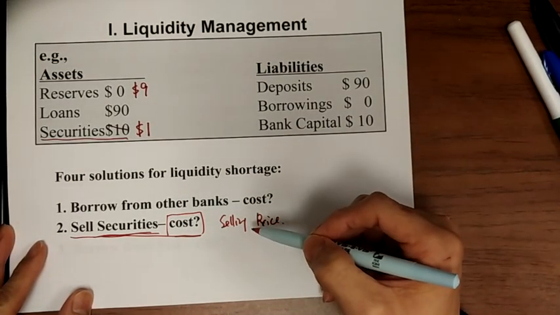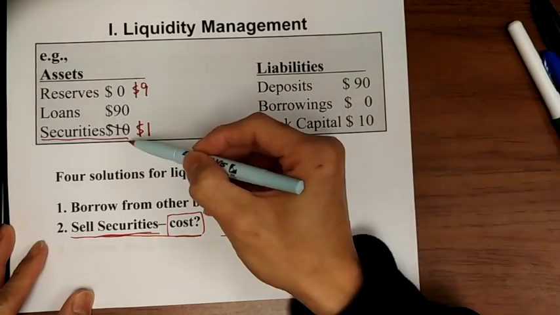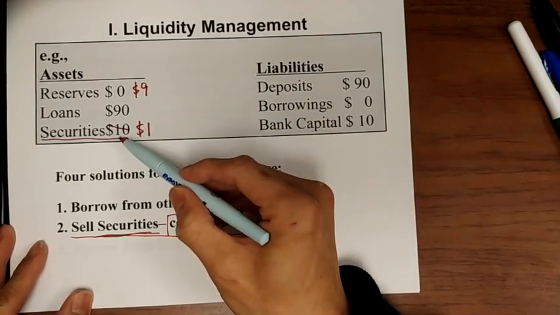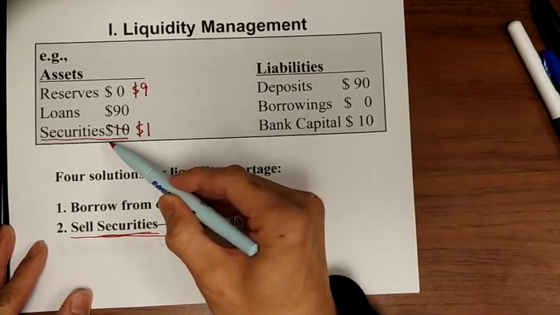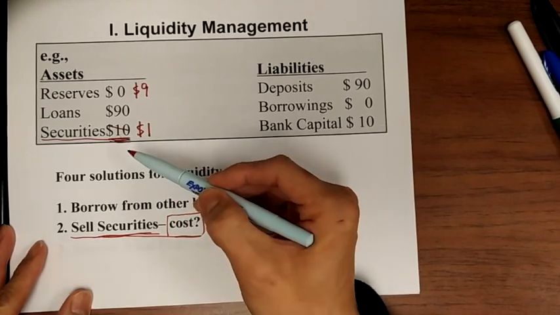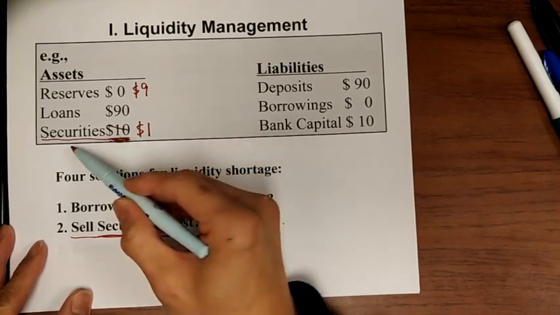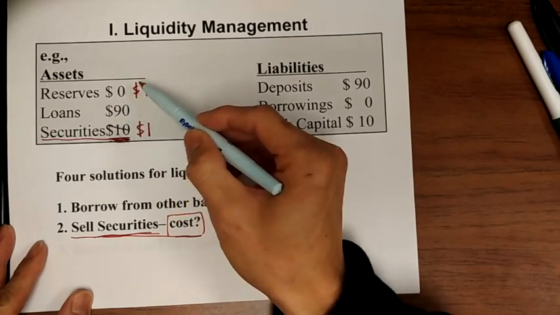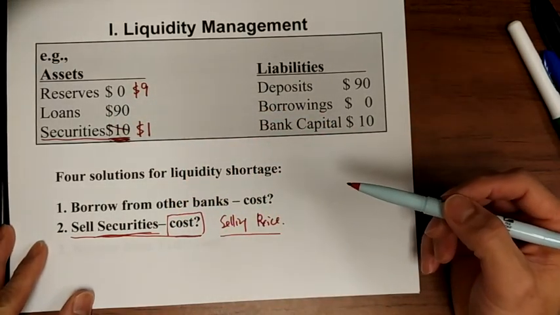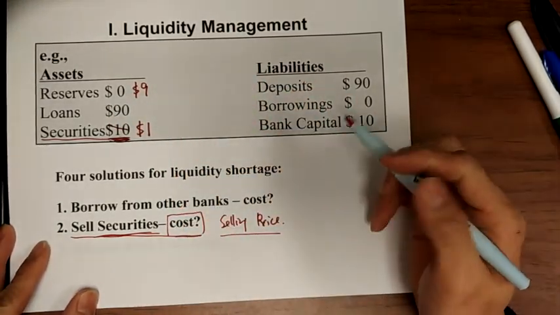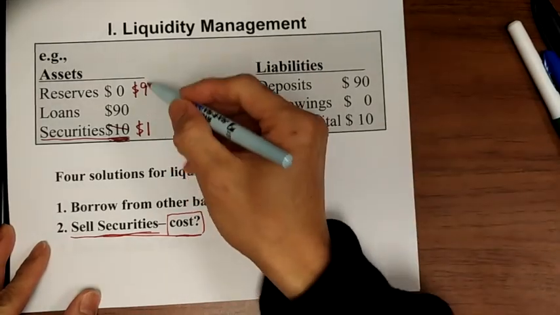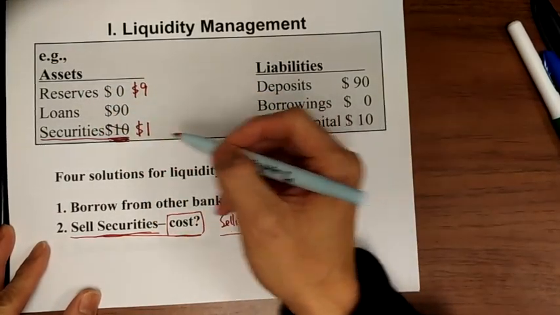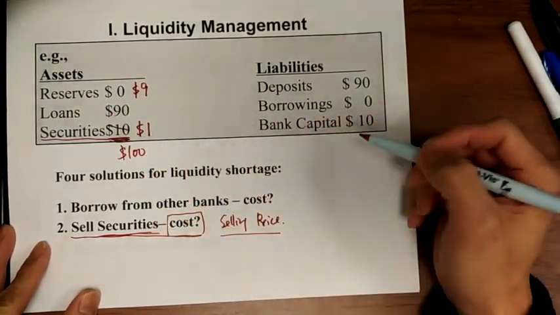In reality, this is the cost because you may have to sell actually $10 worth of securities in order to just get $9. Okay, we ignore the details here. Then on the asset side, you still have $100.